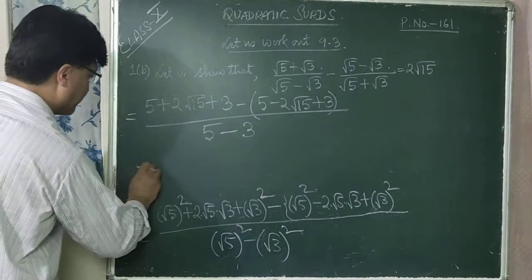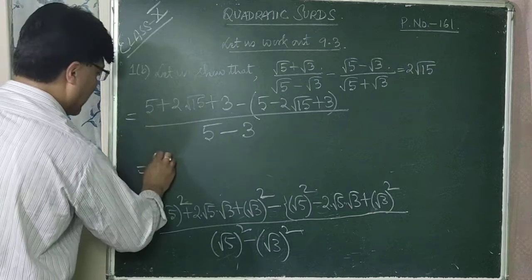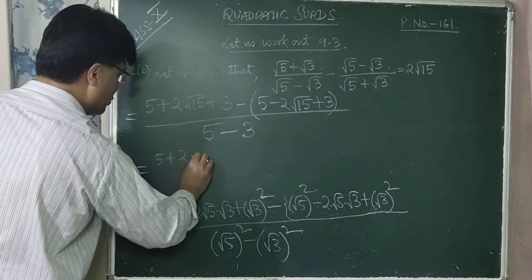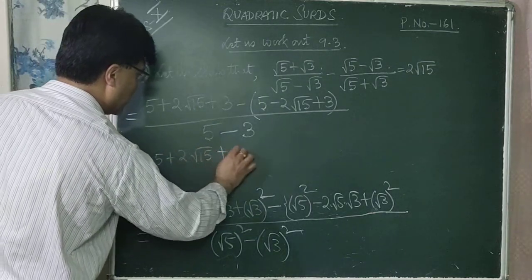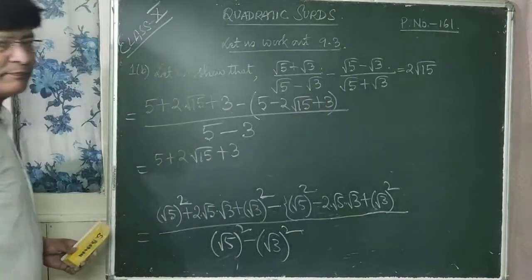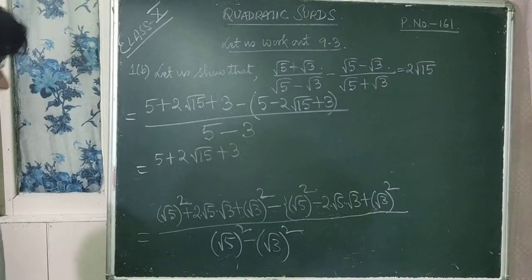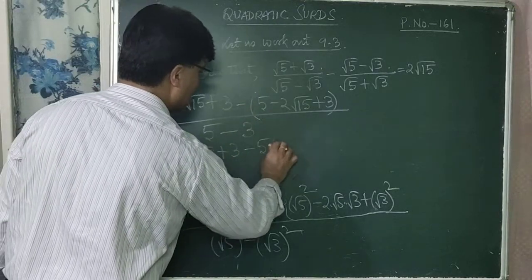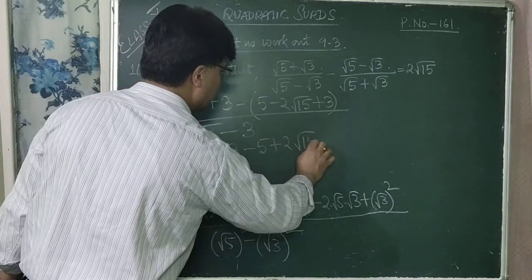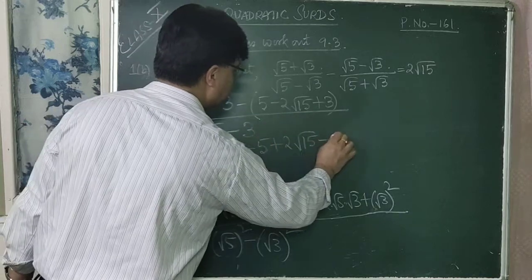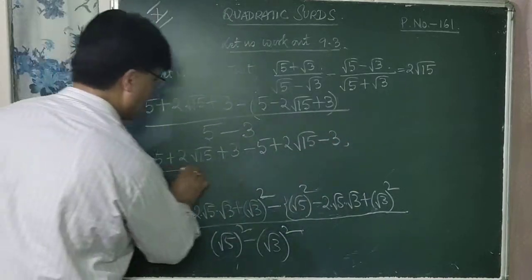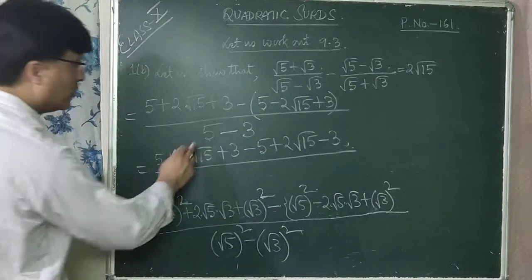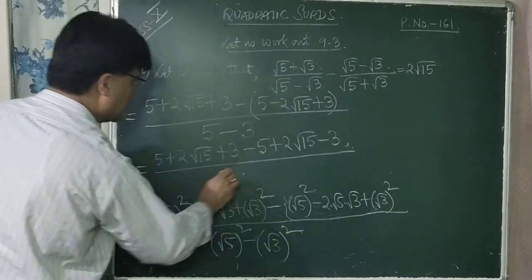So now 5 plus 2 root 15 plus 3. Now multiply by minus sign. You have to open the brackets here. So it is minus 5 minus and minus plus 2 root 15 minus and plus minus 3. Whole divided by, what is 5 minus 3? That is your 2.